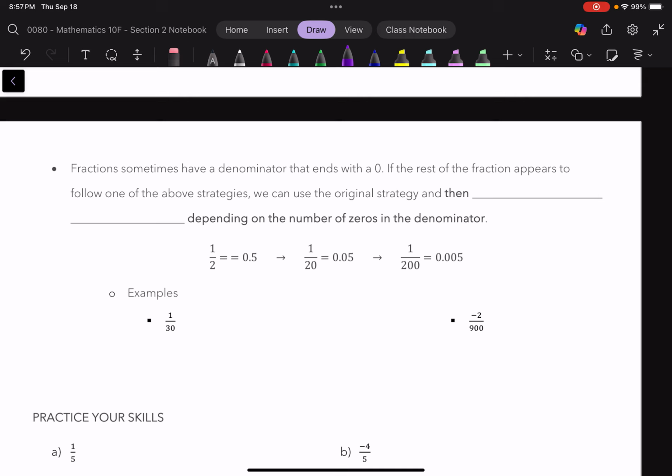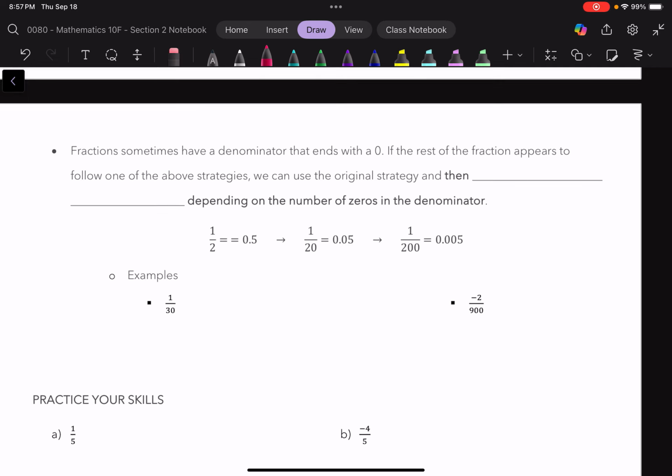That is the time where I could use a strategy that I have here. What that strategy is, is to convert that fraction, ignoring the zeros, into a decimal using whatever strategy I would have used originally, whether it would have been one of my sight fractions, whether it would have been something with 9s in the denominator, or any of the others.